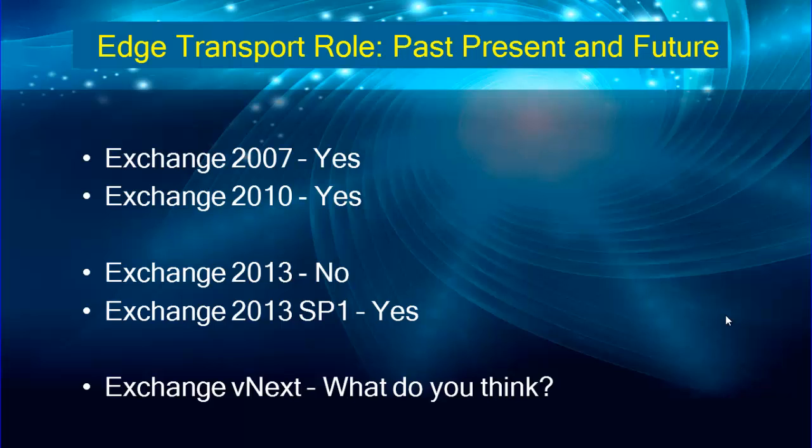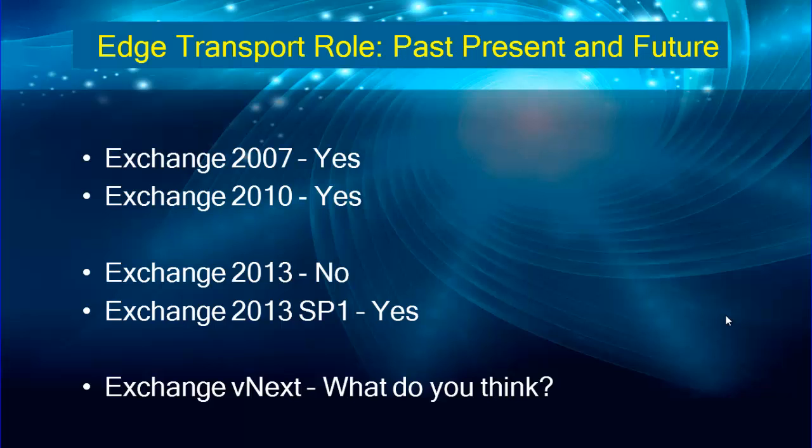They decided not to use it, but it looks to me that customers requested it again, and they brought it back in Service Pack 1 of Exchange 2013, which was a kind of surprise for everyone. So it was a good change, I would say, because Edge Transport is a very nice server. We'll see the benefits, and then you might also feel why it's nice.